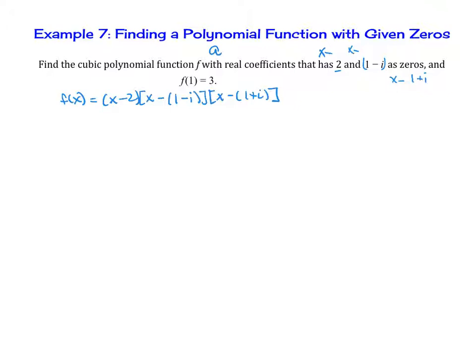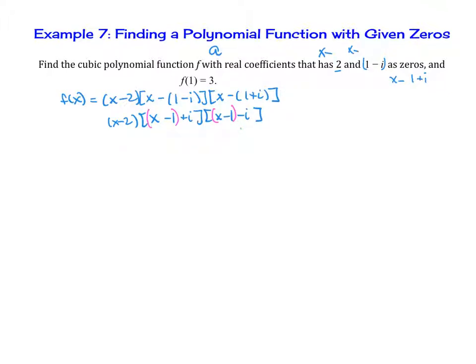So one thing that we can do is we can distribute the negative. So I can do that, x minus 2 times x minus 1 plus i, and then the other one is x minus 1 minus i. And the next thing we can do is to regroup. So I'm going to group that x minus 1 together. And notice what happens when I do that. This is a conjugate. So we have a plus b times a minus b, which is awesome. That makes multiplying this so much faster.